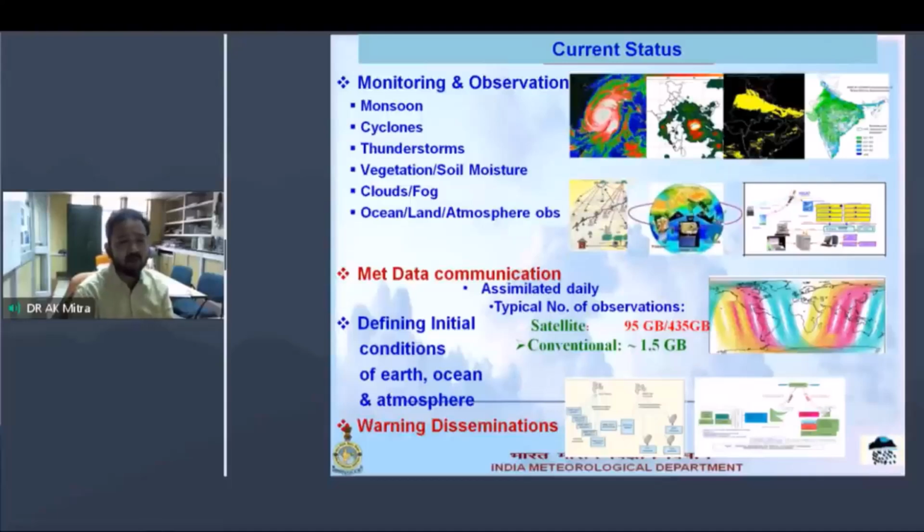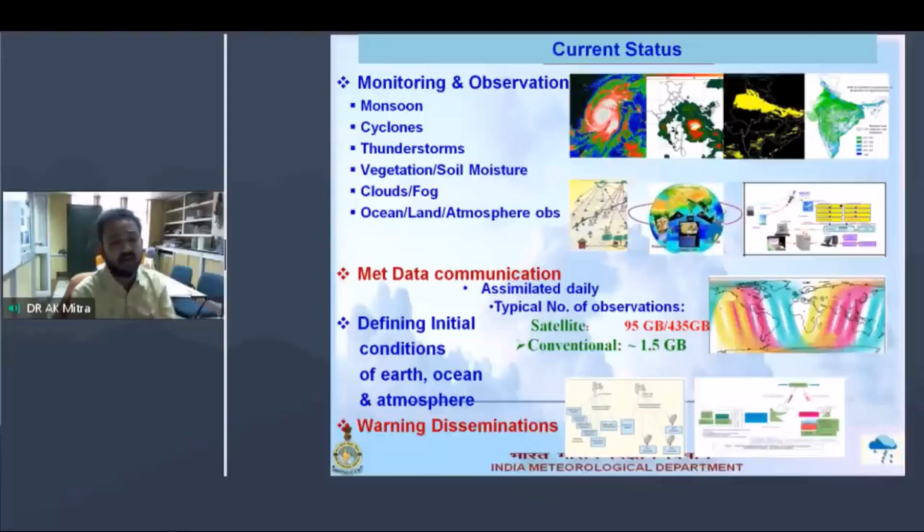And then the most important thing for us is to disseminate this data to the different user communities. And if you can see, in 3-4 years we have reached today, every day, we are assimilating almost 95 GB of data from satellite and 435 GB of data from polar orbiting satellites. It was 5 years ago almost 30, and almost 100 GB.